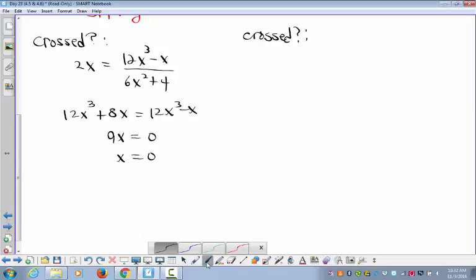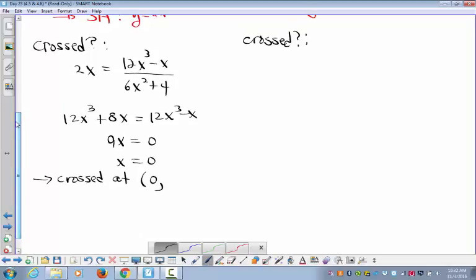x equals 0. So this tells us it's crossed at 0, comma, what? 0, comma 0. If you go back into either the asymptote or the function and you plug in 0, you're going to get 0. So it's crossed at the origin.